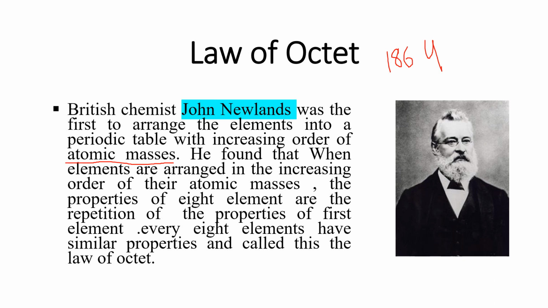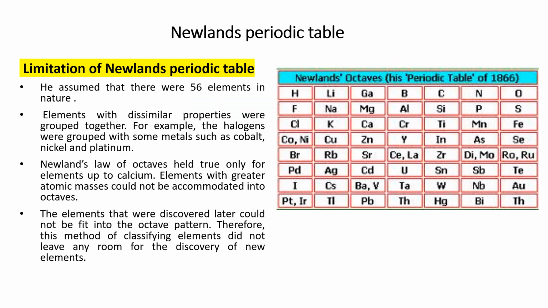He found that when elements are arranged in increasing order of their atomic masses, the properties of the eighth element are a repetition of the properties of the first element. Every 8 elements have similar properties, and he called this the law of octaves. Let's see how.